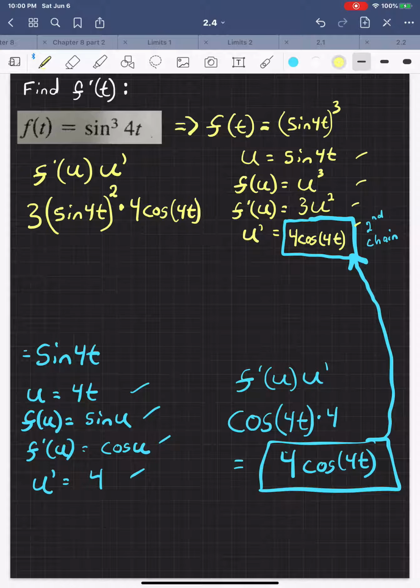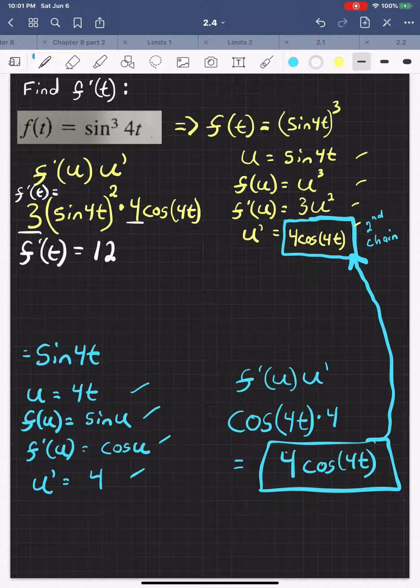All right, so this is my derivative. So this is f prime of t. The only thing that I can do is multiply the 3 and the 4. There's nothing else to do here. So 3 times 4 is 12.